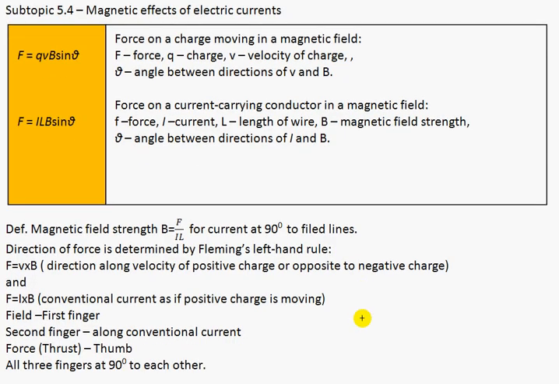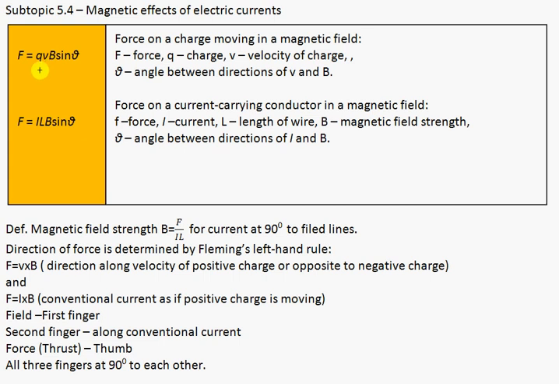Subtopic 5.4 Magnetic effects of electric currents. So here actually the force on moving charge depends on charge, on velocity, on magnetic field strength, and angle between velocity and magnetic field.